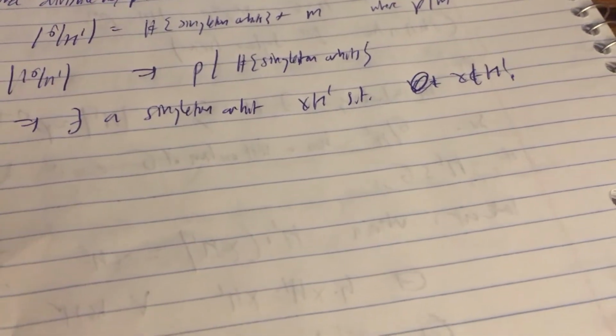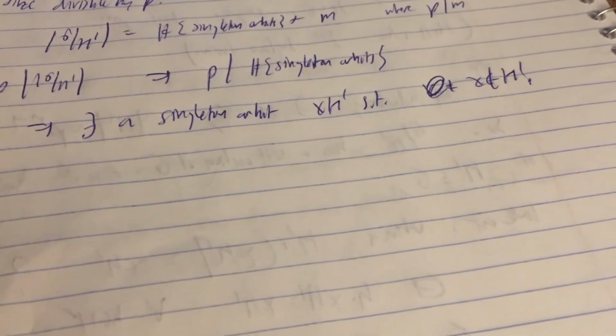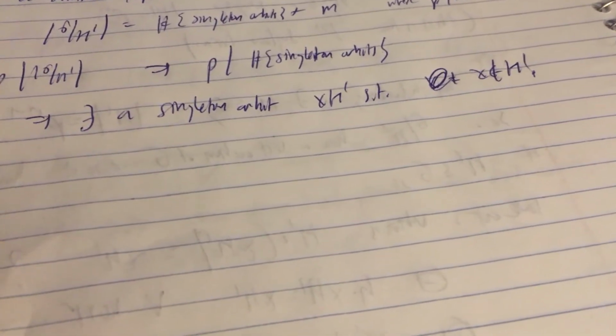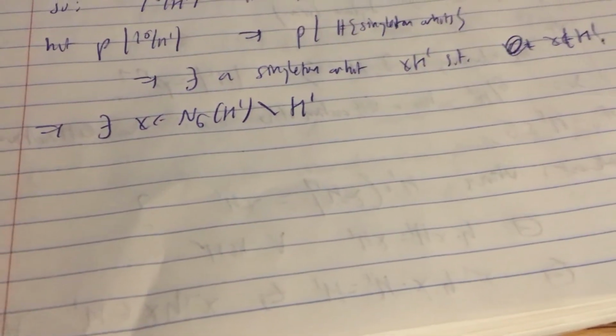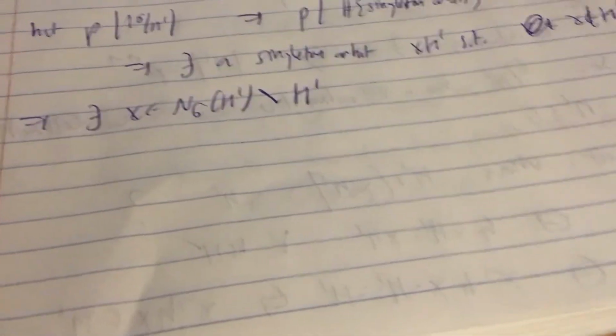And so what do these two things together give us? The fact that you're a singleton orbit precisely means that you're fixed. And so this implies that there exists x in the normalizer of H prime which is not in H prime. So the normalizer of H prime is strictly bigger than H prime.